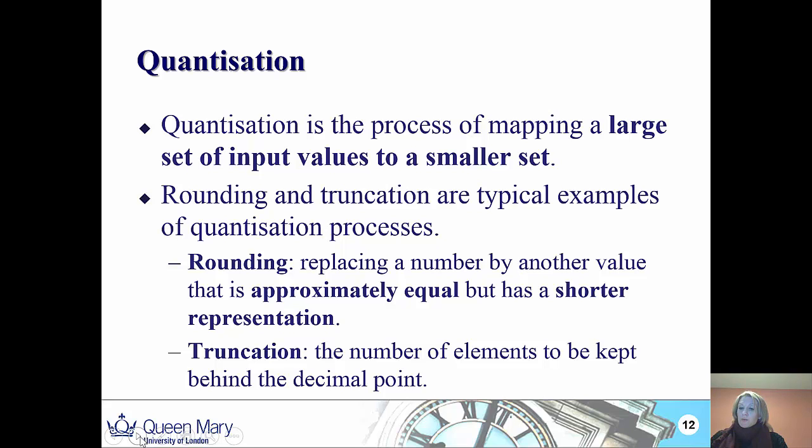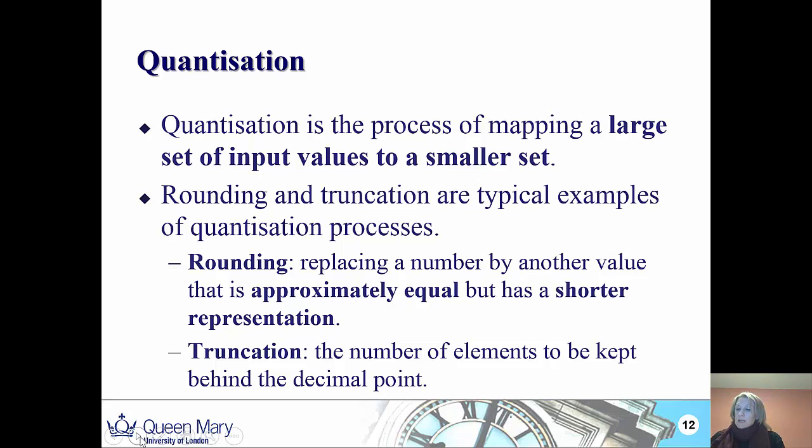So to compare rounding with truncation, we're simply dropping digits from a number. For example, if we have the number 12.8392 and we truncate this number, it will become 12.83. So we're just dropping digits from the number and we're not applying any other manipulation.